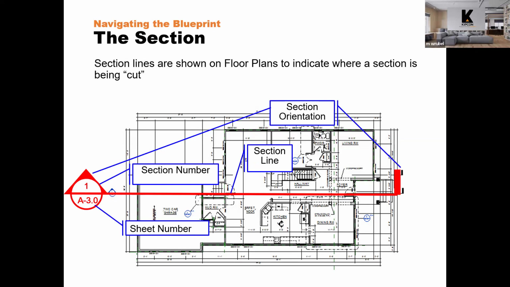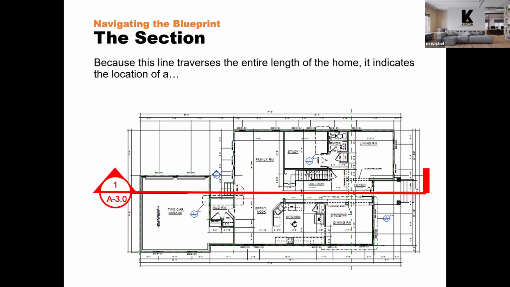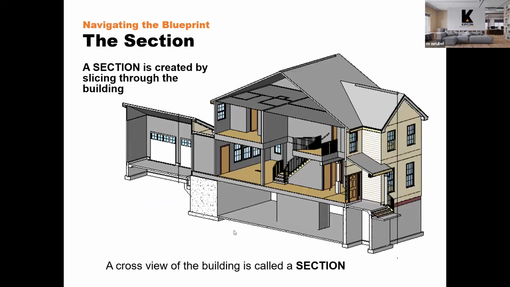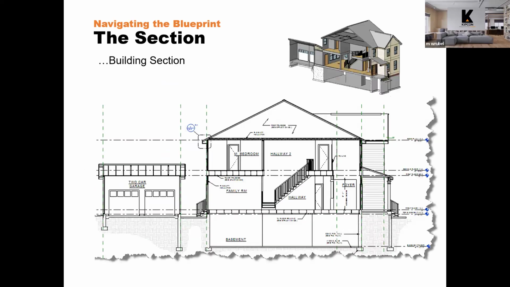So if you were to cut this building in half along the line that's shown here and flip it up and look at it like you were looking at an elevation view, you would see the inside of the building like this. It's cut right through. Again, this is the isometric view, but here's what it would look like in the plans. It would look kind of like that dollhouse view, if you will. And again, it shows the different rooms that are here.